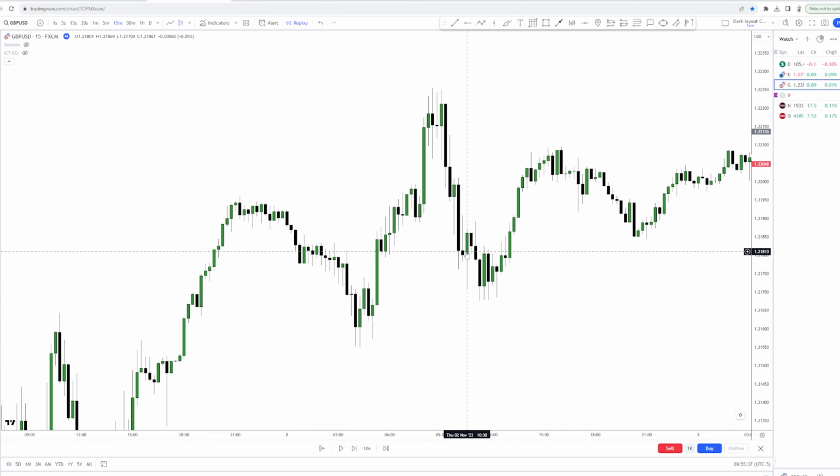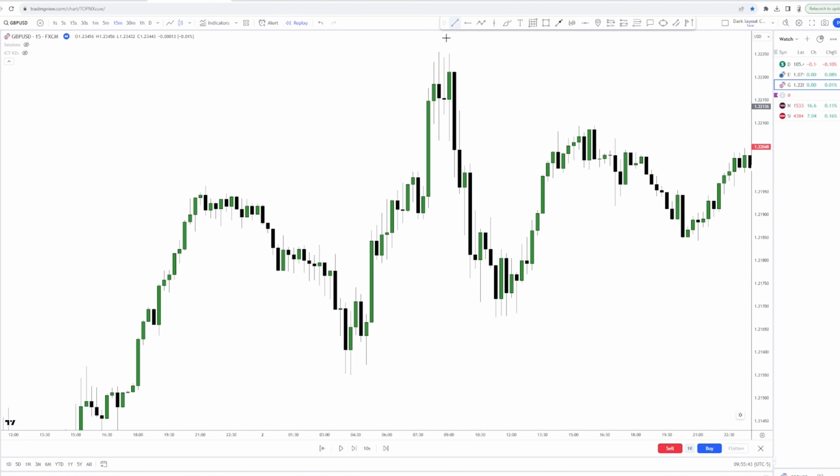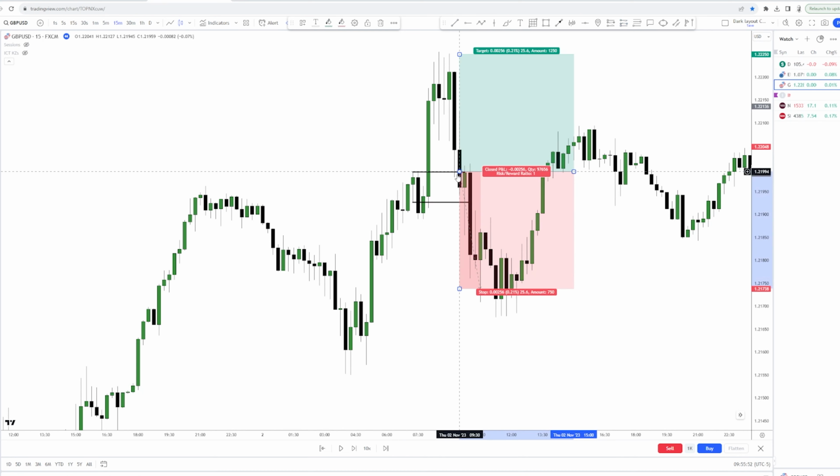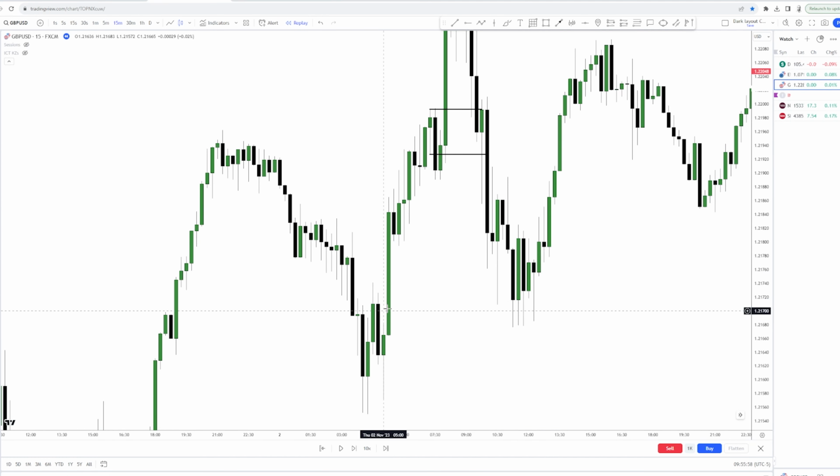Now you will see that the most recent breaker in this occasion would have been this one right here. I extend that to the right, I take my trade from here, but this is a loss instantly. Now, more food for thought for you.